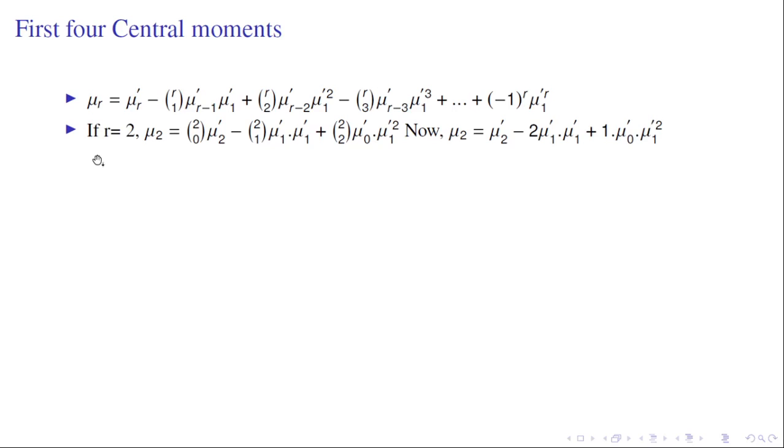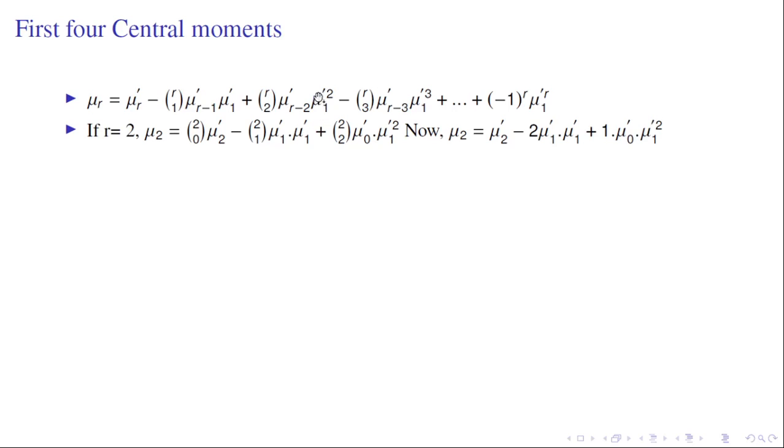If we substitute r is equal to 2, mu 2 is 2c0 mu 2 dash, minus 2c1 mu 2 minus 1 dash mu 1 dash, plus 2c2 mu 2 minus 2 dash, this mu 1 dash whole square.